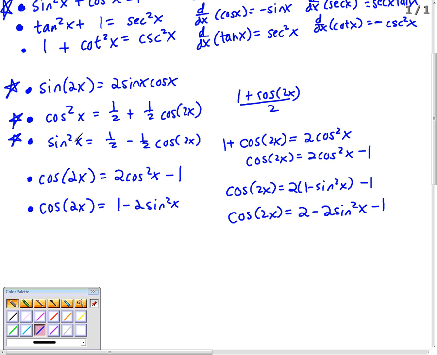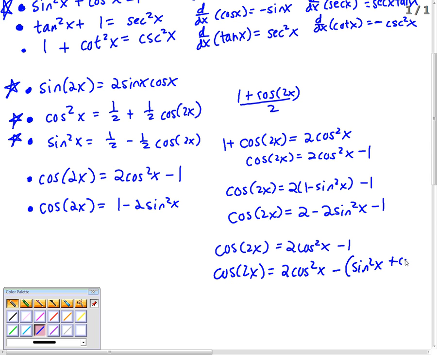So the third one is a little more interesting to derive. I'll just start with this one. So if I look at cosine 2x equals 2 cosine squared x minus 1, instead of 1, I'm going to rewrite this as 2 cosine squared x minus sine squared x plus cosine squared x. Is sine squared x plus cosine squared x equal to 1?